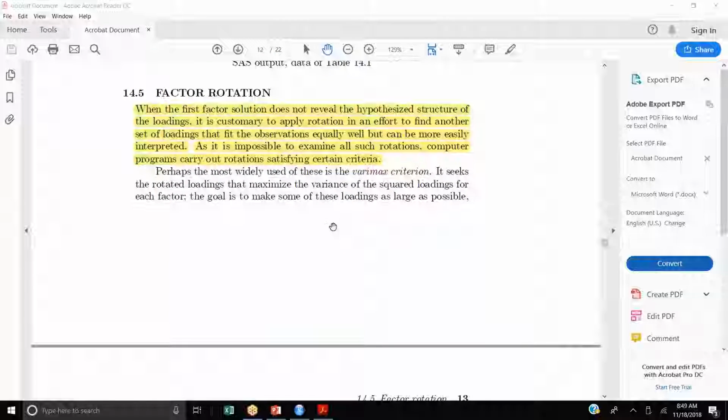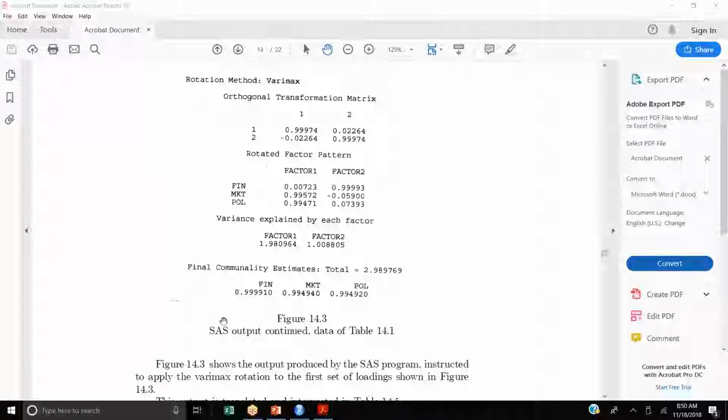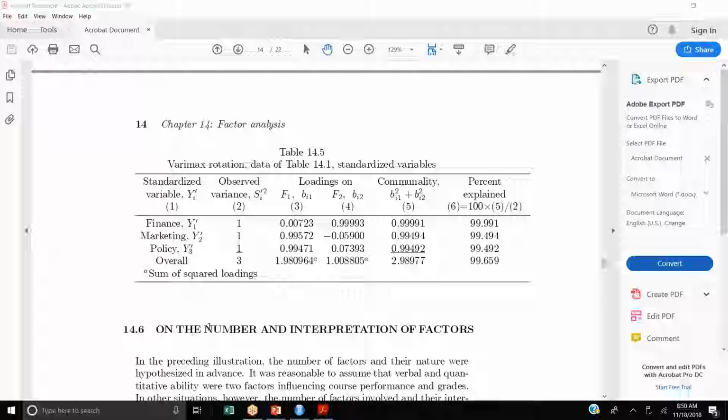There are various methods of rotating it in such a way that we can get loadings for the original data, and I will come back to that. This is SAS output. I don't want to worry about that now.